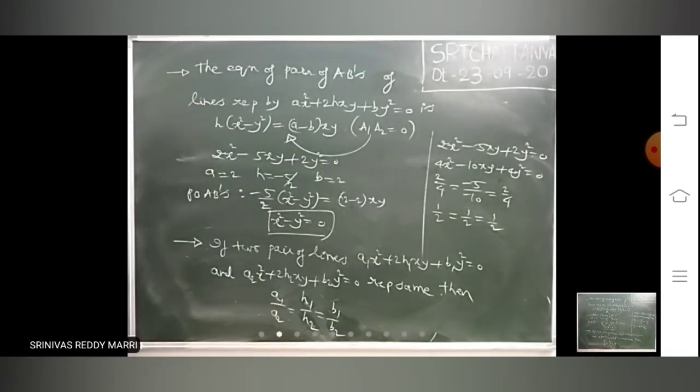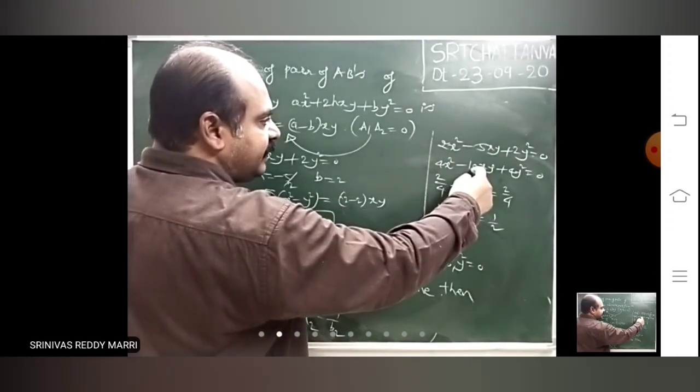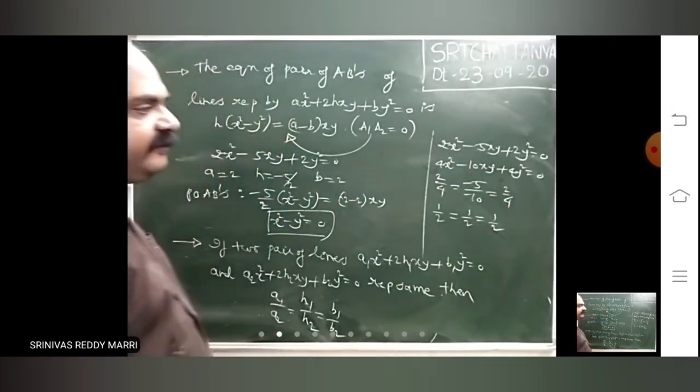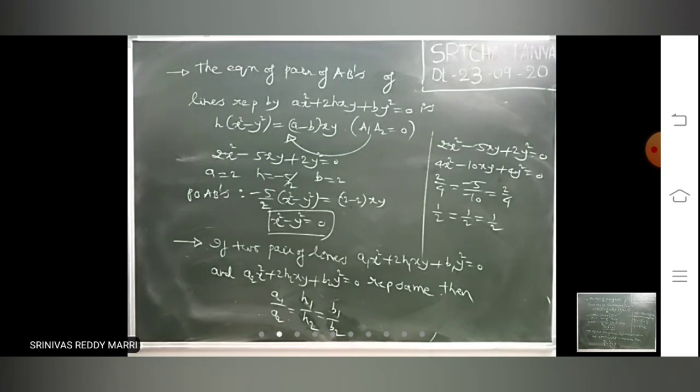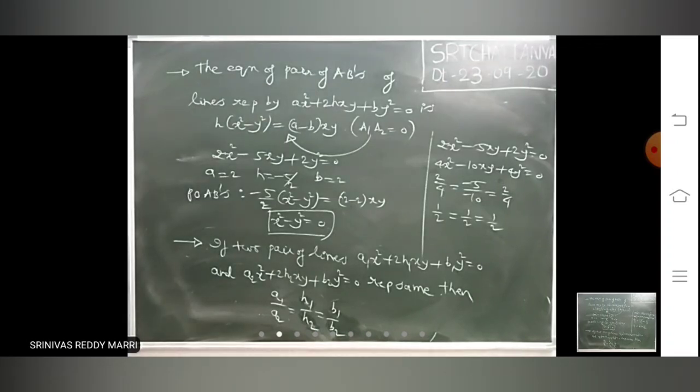The coefficient ratios will be equal. Look at 2 by 4, minus 5 divided by minus 10, 2 divided by 4. Those ratios will be equal. That means the second equation is a constant multiple of the first equation.